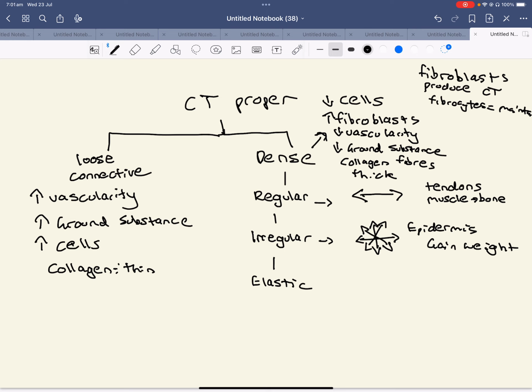Okay? Then we got elastic. Elastic recoils back to original length. Think about an elastic band. That's what elastic is for. What do we want that for? Oh, blood vessel walls.